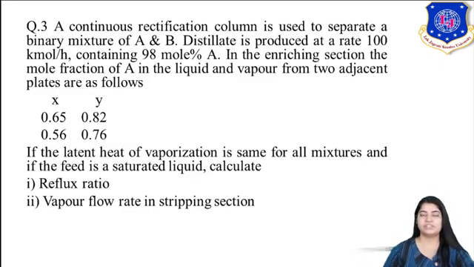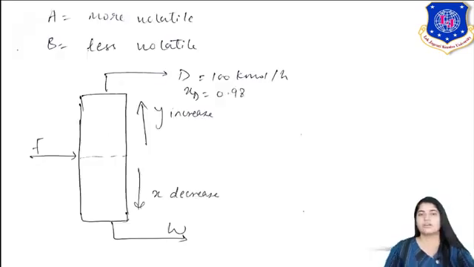Two adjacent means plates 1 and 2 here. If the latent heat of vaporization is the same for all mixtures, which is the assumption of the McCabe-Thiele method that molar latent heat of vaporization is constant, and the feed is saturated liquid, then calculate the reflux ratio and vapor flow rate in the stripping section.